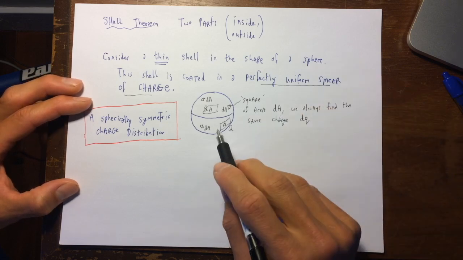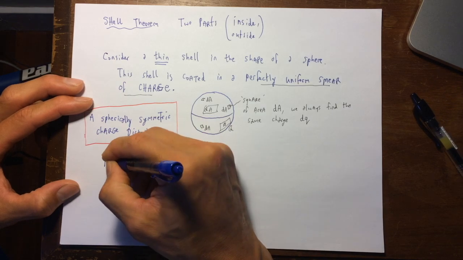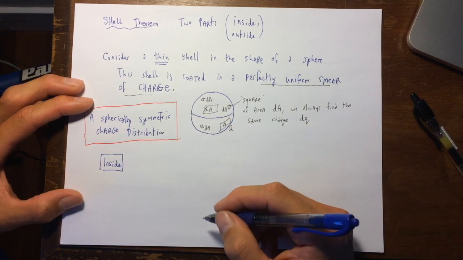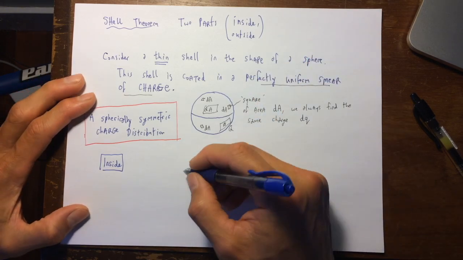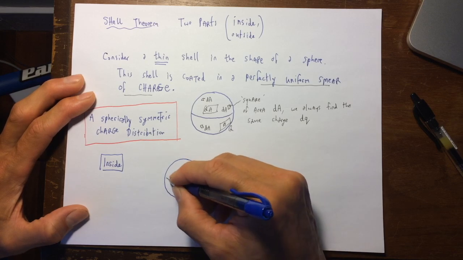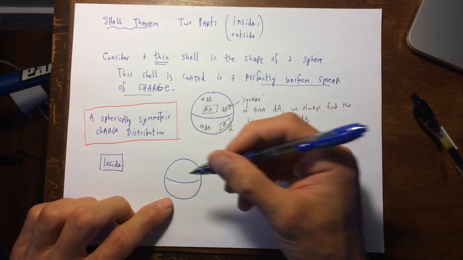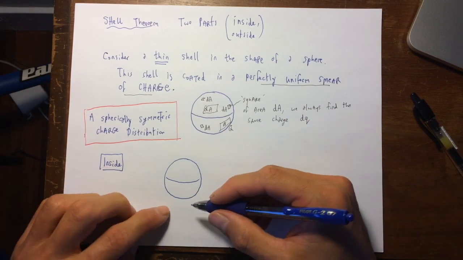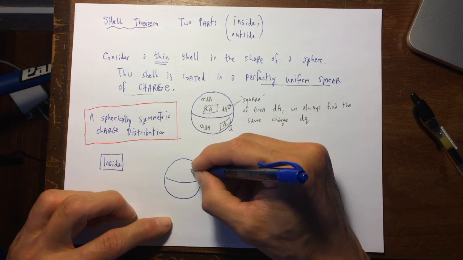So I've got this special charge distribution, and I told you that we are going to split between thinking inside the sphere and outside the sphere. So let's think inside first. So what this means is, if I have such a spherically symmetric charge distribution, so if I imagine going inside of the sphere, let me just put a little point.